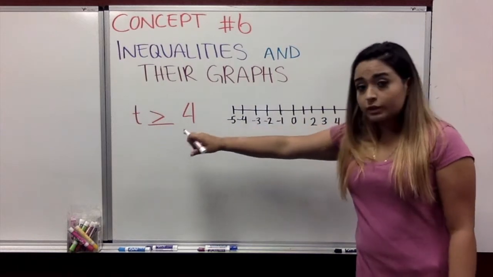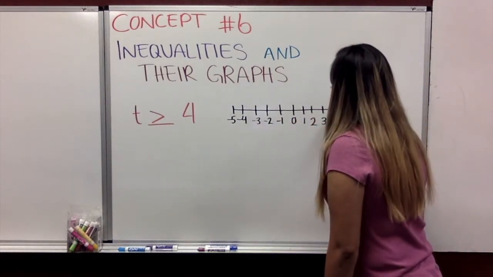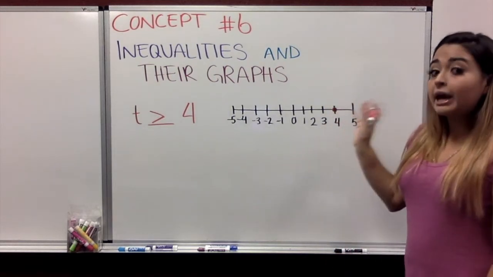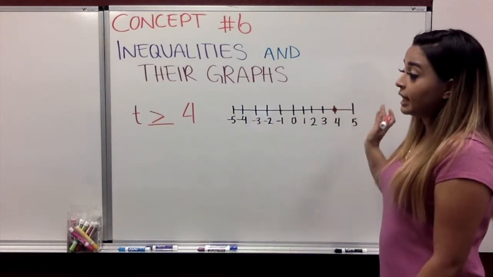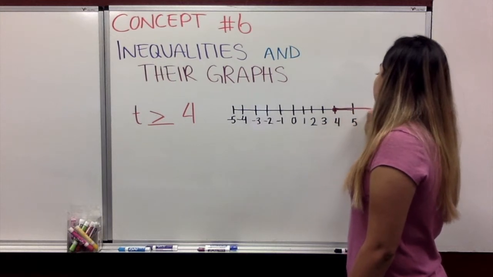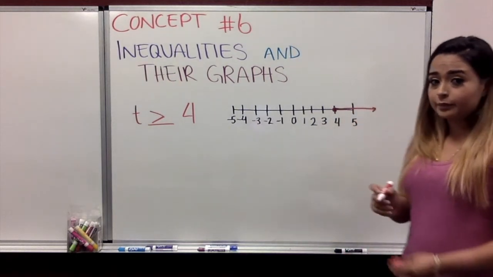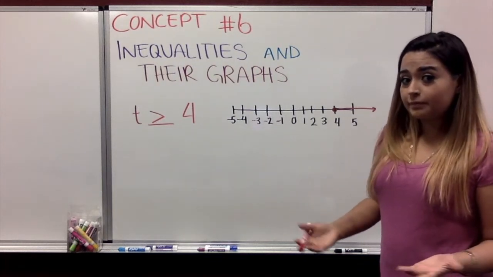For this one, we are going to fill it in. So it will be a solid circle, like so. And we know that the value of t is larger than 4, so we're going to draw a line towards this side on the number line, where the numbers have more value. Does that make sense to everybody?